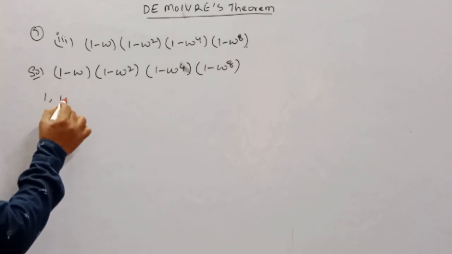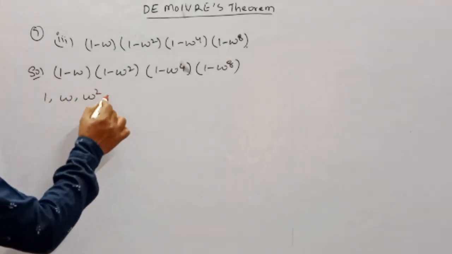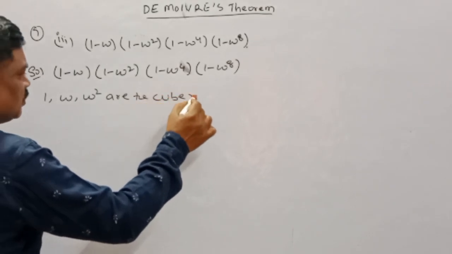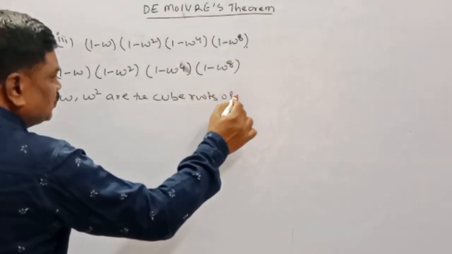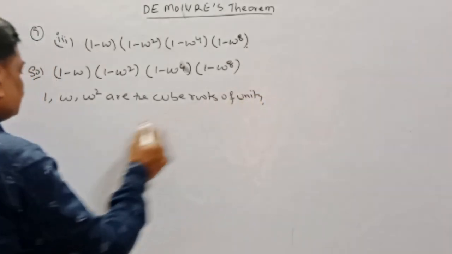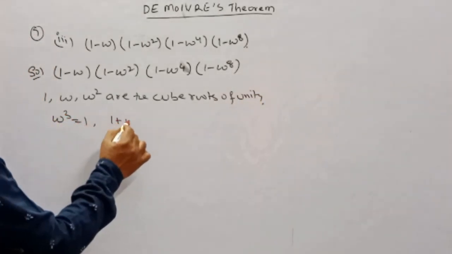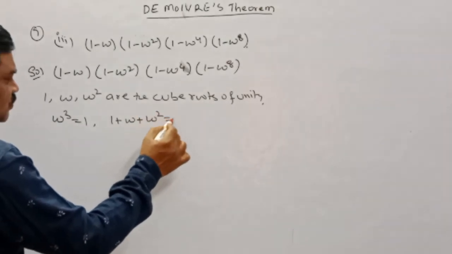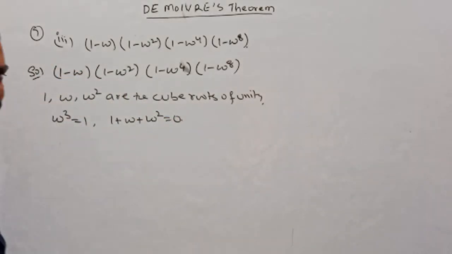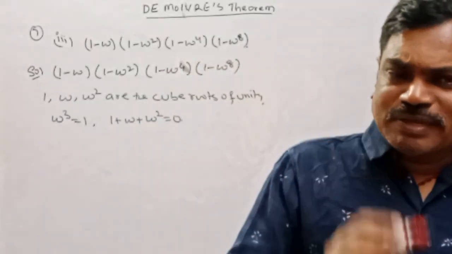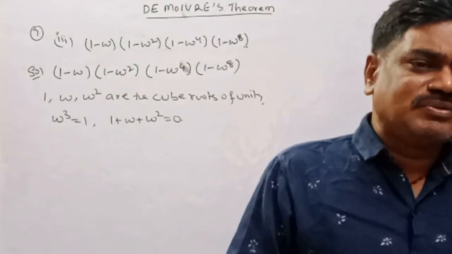Here 1, omega, omega square are the cube roots of unity. Then what? Omega cube is equal to 1 and 1 plus omega plus omega square equal to 0.